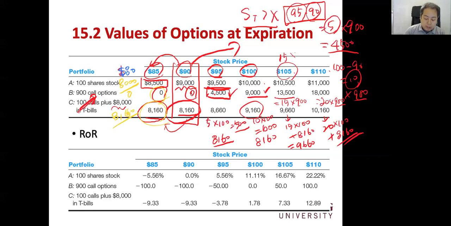So let's calculate the rates of return. The rate of return is simply your payoff six months later minus your investment, which is 9,000, right? That's your investment. Divide by your investment.